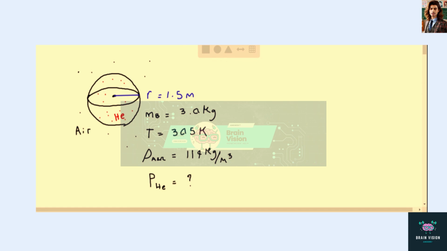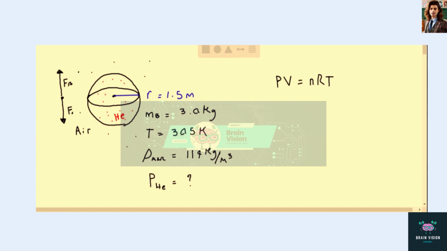So there's two things we should think of in this problem right off the bat. One, we're dealing with an ideal gas, this helium inside this balloon. So we'll need to recall the ideal gas law, PV equals nRT. And then we're also dealing with a situation of static equilibrium here, where the force of buoyancy on the balloon is matching the force of gravity on the helium and the material that makes up the balloon.